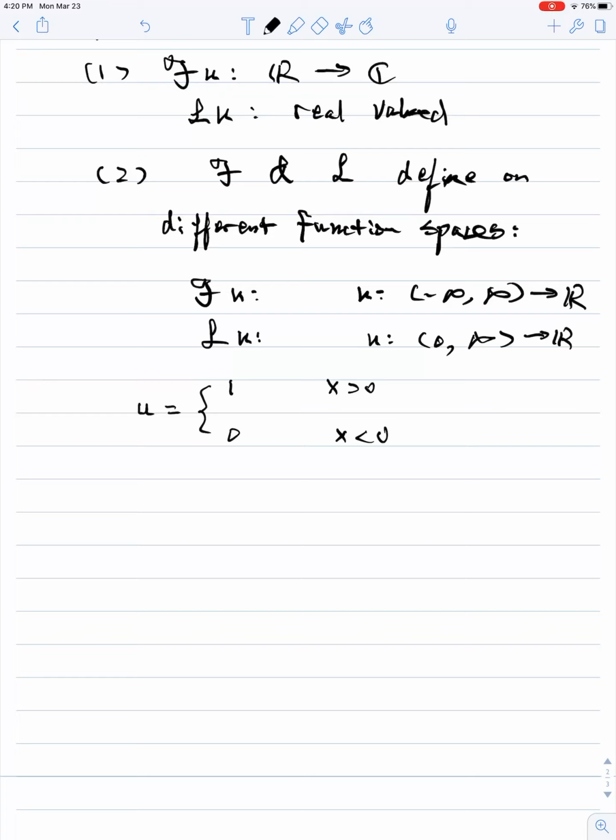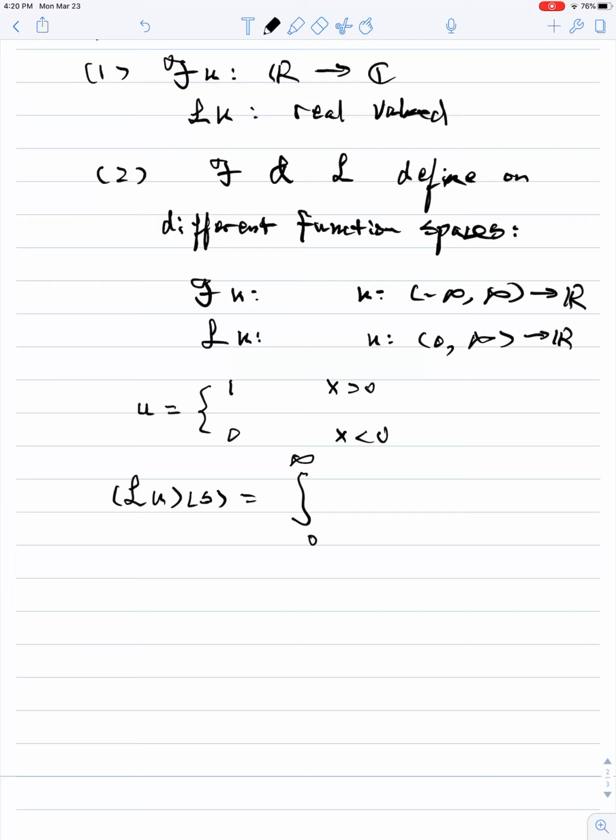Then you can define the Laplace transform of this function. So I now switch the variable to s, to be consistent with what we had before.